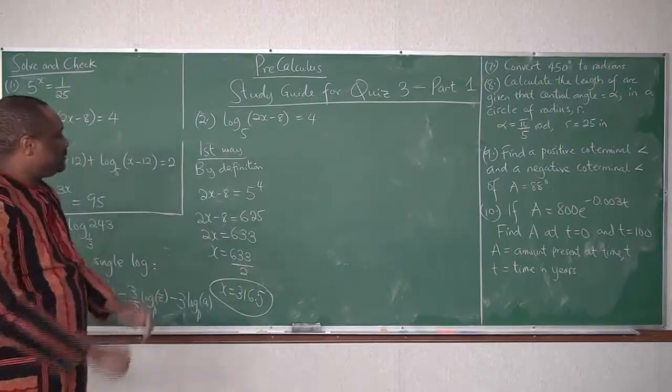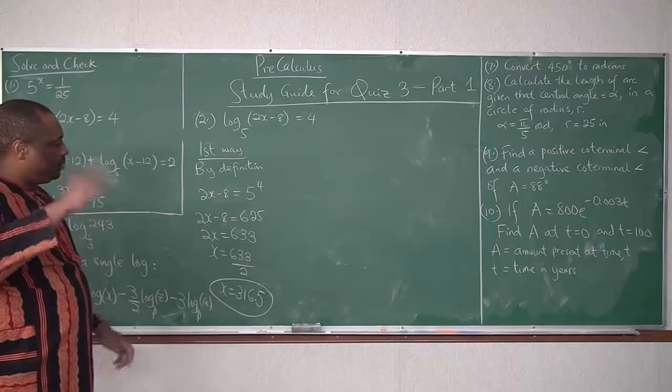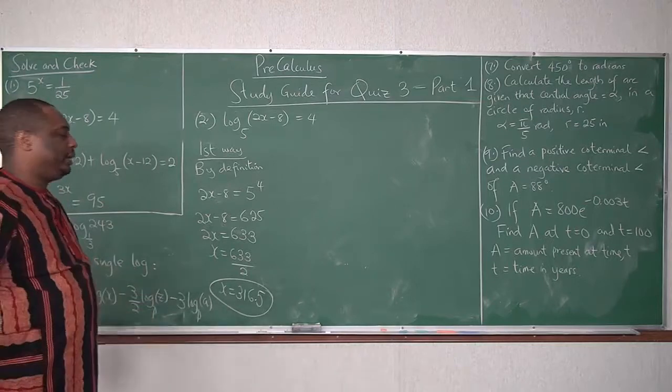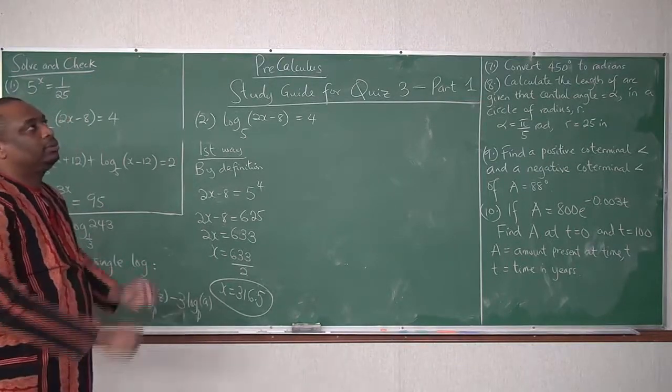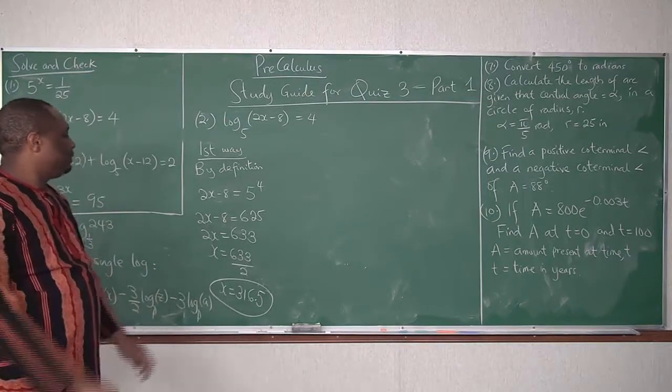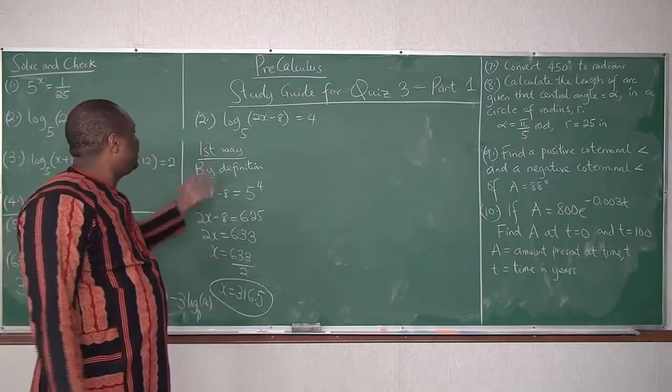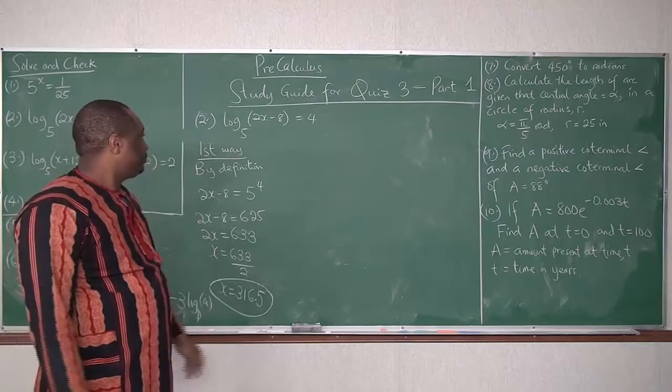Check: 2 times 5 is 10, 0, 1. 2 times 6, 12 plus 1, 13, 3, 1. 2 times 1, 2 plus 1, 3. 2 times 3, 6. That's right. This is one way to do this.